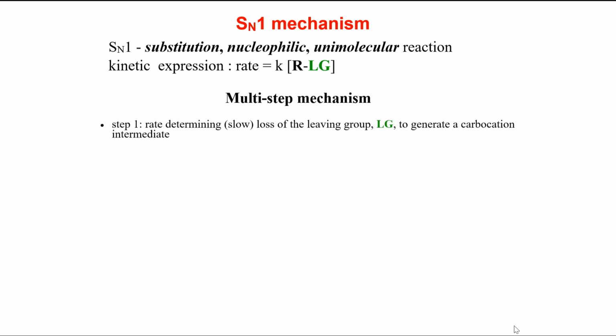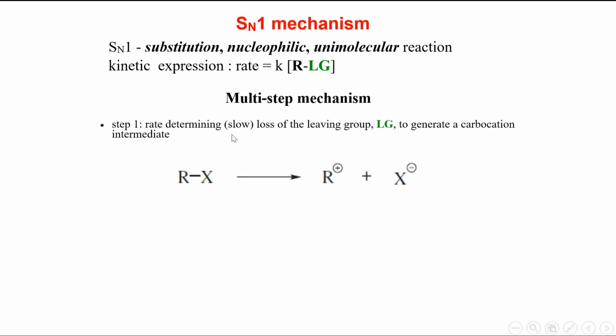In step 1, the leaving group leaves the alkyl halide. This is a slow reaction step and it is also the rate determining step. Once it leaves, it generates a carbocation as an intermediate.